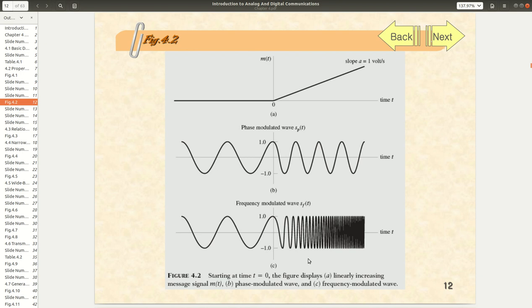So there is no discontinuity in going from one frequency to another. It follows the change in m of t, expressing the rate of change in the frequency.